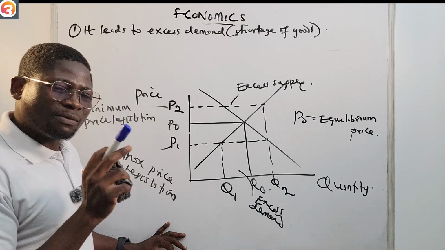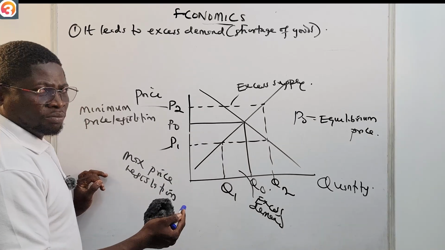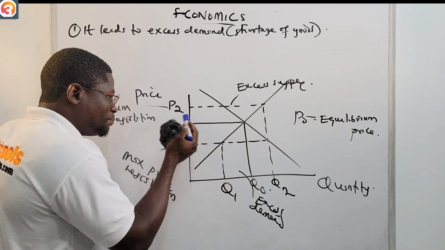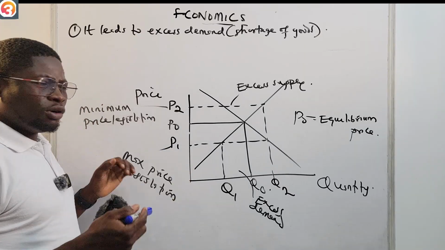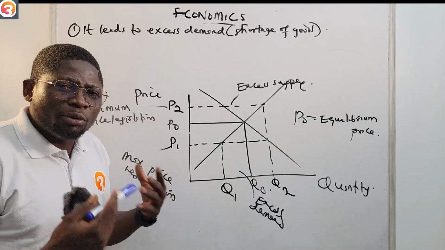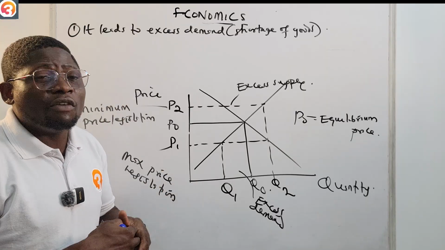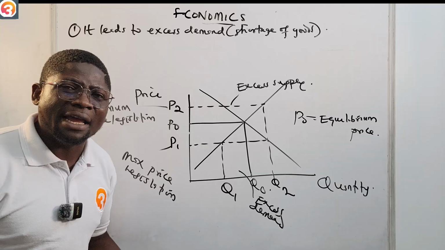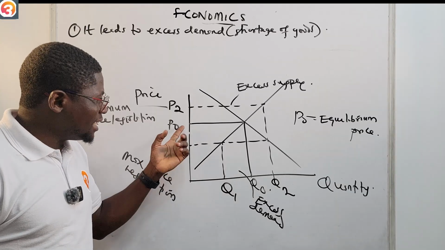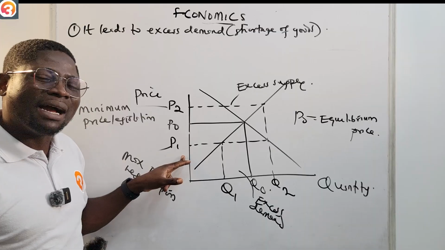Because maximum price legislation is set below the equilibrium price, producers are supposed to be selling at this price, but you are now taking it down here. So producers will not be happy, but consumers will be happy. Because producers are not happy, they will not supply much, and they may even stop supplying, because of the difference between the equilibrium price and the maximum price.